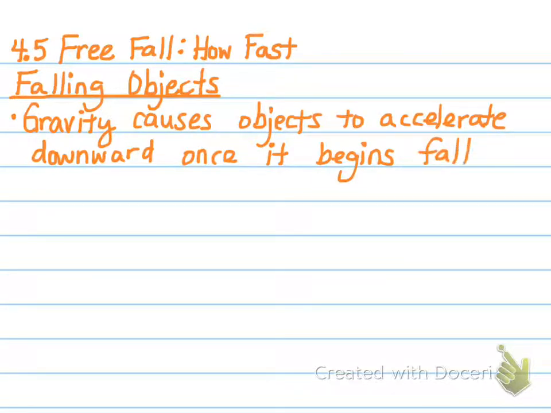Your textbook talks about an apple falling from a tree, right? A paper falling off of your desk, a book falling off of your desk, or a table. You're familiar with the fact that an object, when there's not some sort of force to support it, is going to fall.